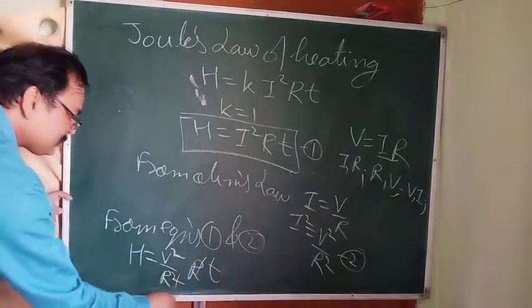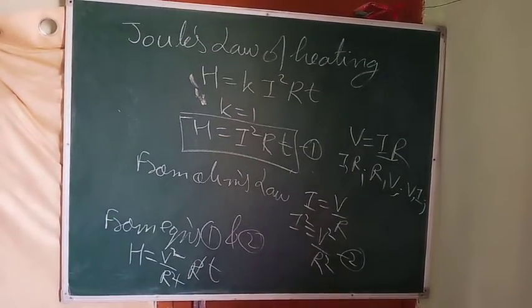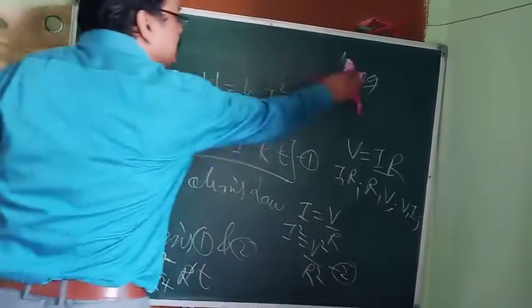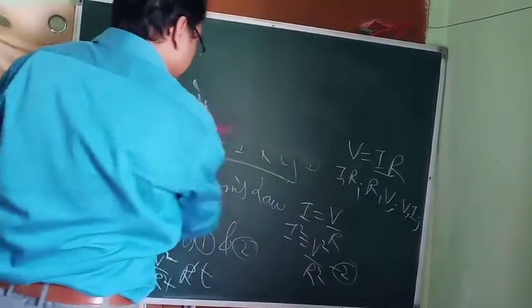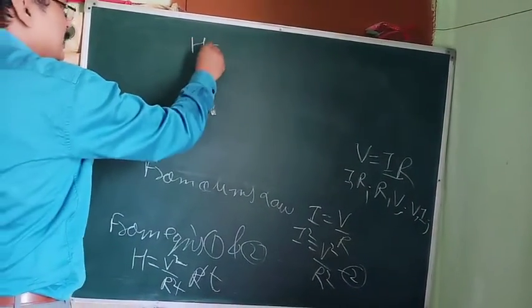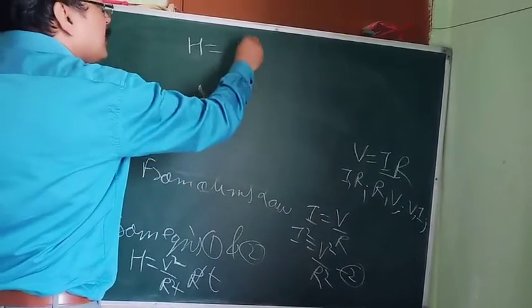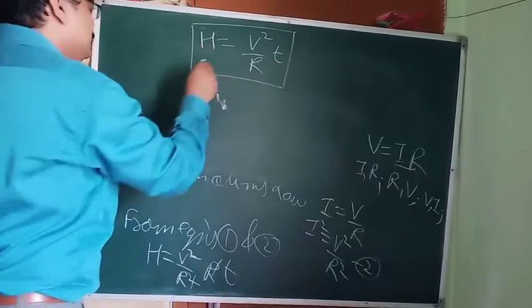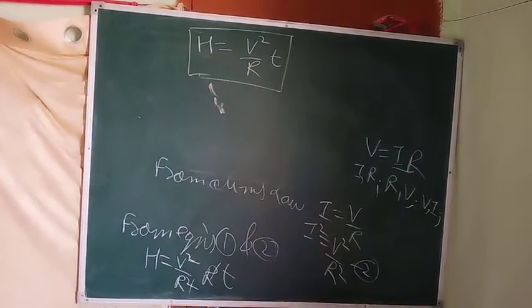So this R and this square will cancel out. Finally, we are going to get the next expression, that is H is equal to V square by R into T. This is the second expression, which is in terms of V and R.